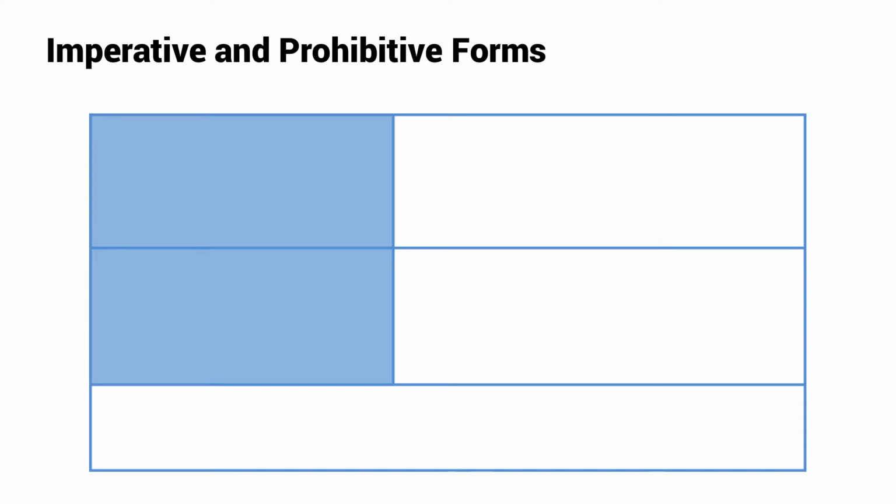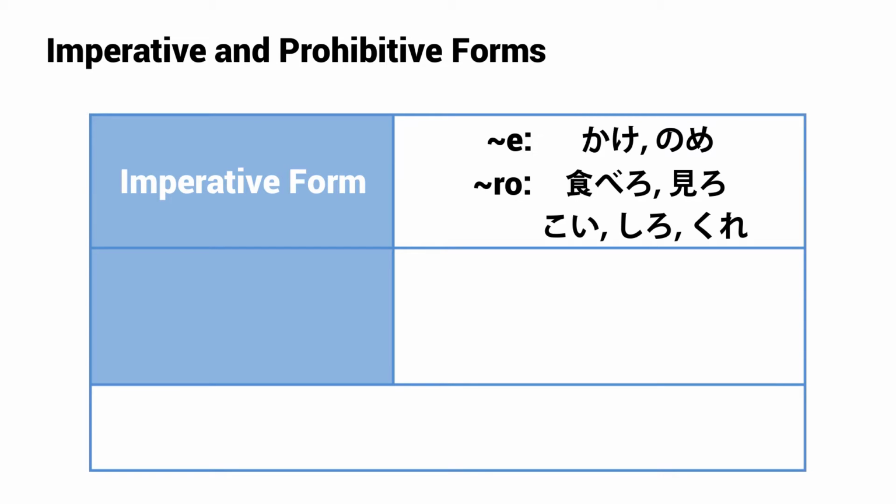To summarize, verbs in plain imperative forms end in e and ro for u and ru verbs respectively. For irregular verbs, we just need to memorize their imperative forms.